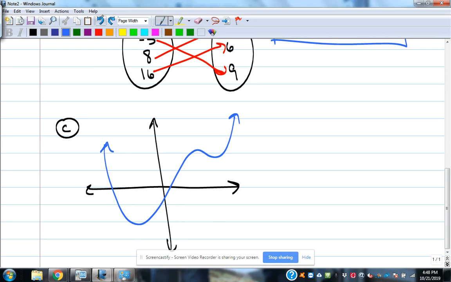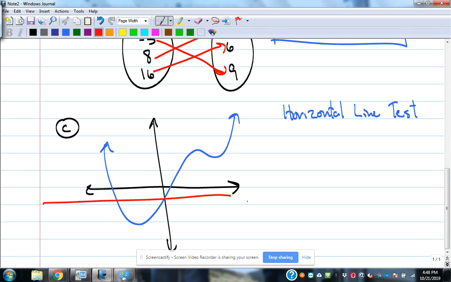To be a one-to-one function, you've got to pass the vertical line test, but then you've also got to pass a horizontal line test. Same rules as the vertical line test, but it checks for repeated y values. Vertical line test checks for repeated x values. Horizontal line test checks for repeated y values.